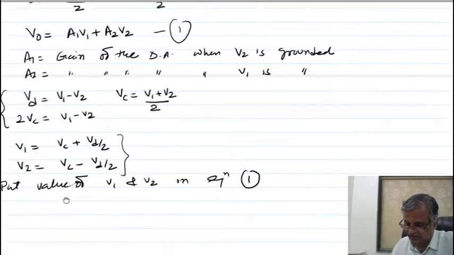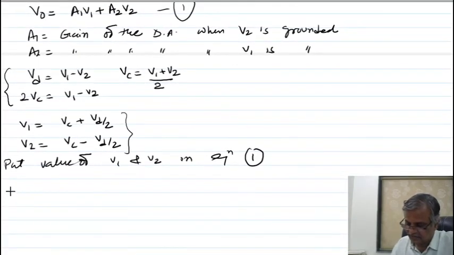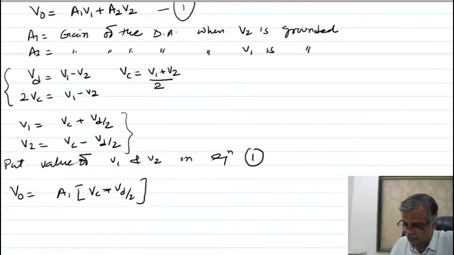So I can write VO is equal to A1 into V1, that is VC plus VD by 2, plus A2 into V2, V2 is VC minus VD by 2.